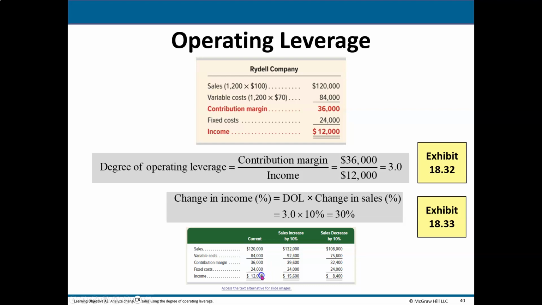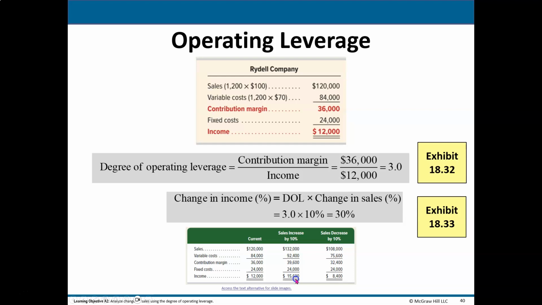My income will increase by 30%. If I take that $12,000 and multiply that by 30%, that will give me an increase of 3,600. So my income has increased by 30%.